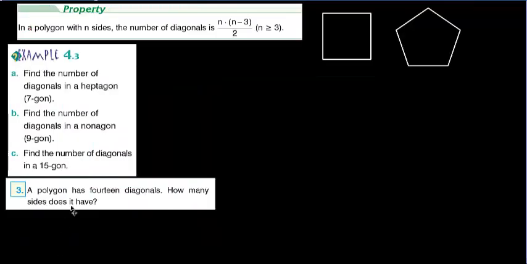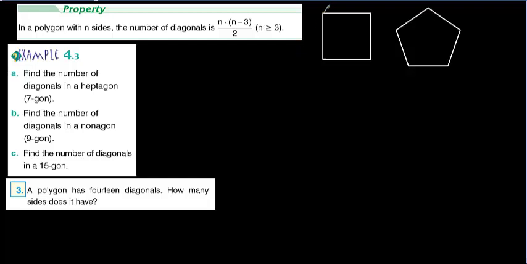Okay, simply I explained the diagonal and the number of diagonals. This is the first property: how to find the number of diagonals of a polygon with n sides. Here the formula is n times n minus 3 over 2. Why?